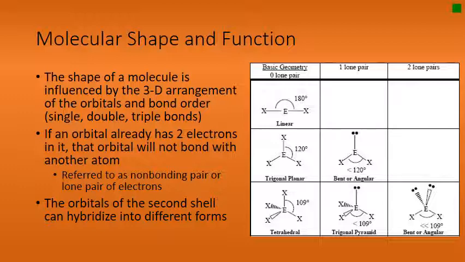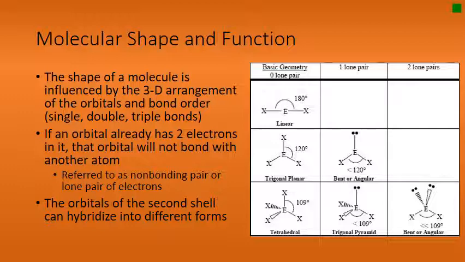The chart on the right of this slide shows you the 6 shape variations that are most important in the biological sciences.